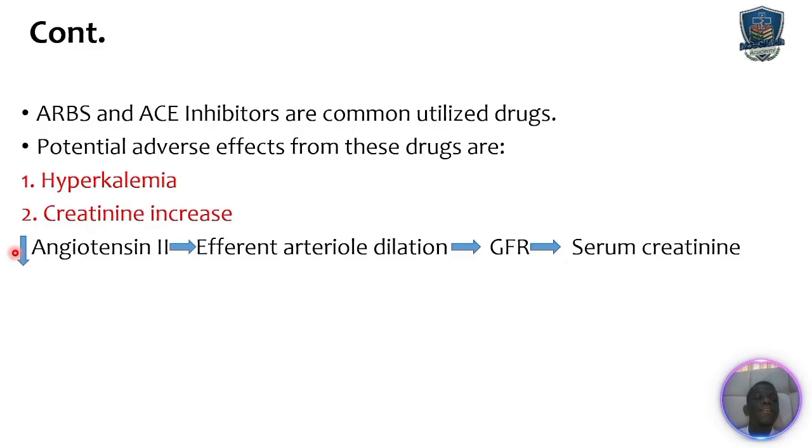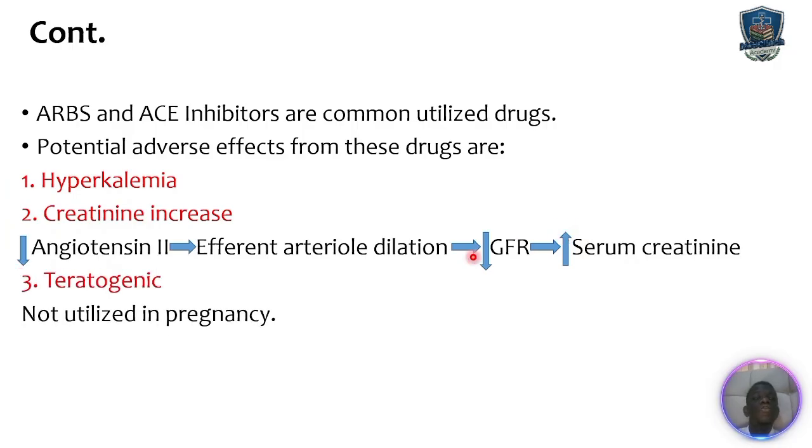So a decrease in angiotensin II will lead to efferent arteriolar dilation, which leads to a decreased GFR, which leads to an increased serum creatinine. That's something that you have to know. That's why it tends to propagate CKD.